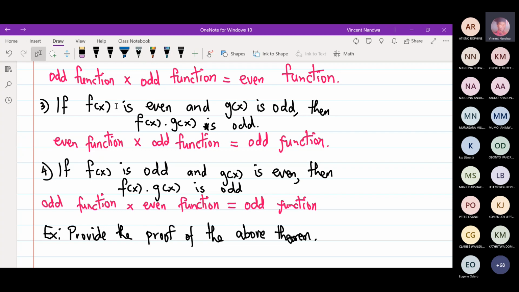And we know that a cosine function is always an even function, and a sine function is always an odd function. So if the oddness or evenness of the function is known, then we can always determine the nature of the product of f of x and cosine of x or f of x and the sine function in the Fourier series structure.